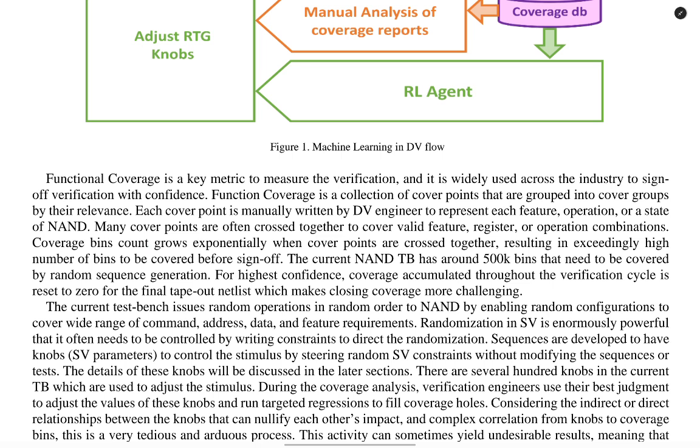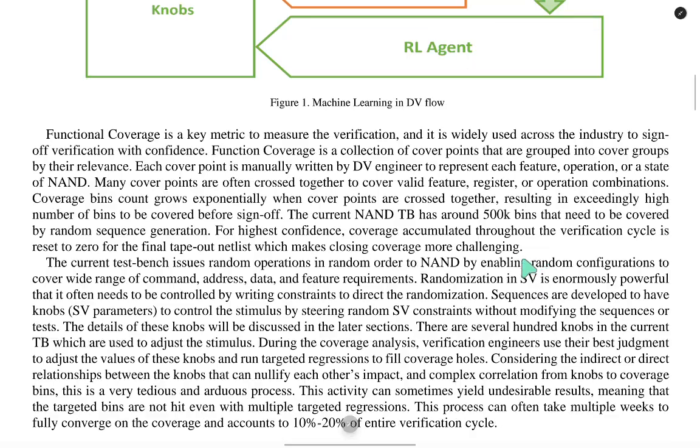Coverage bins count grows exponentially when cover points are crossed together, resulting in an exceedingly high number of bins to be covered before sign-off. The current NAND test bench has around 500 kilo bins that need to be covered by random sequence generation. For highest confidence, coverage accumulated throughout the verification cycle is set to 0 for the final tape-out netlist, which makes closing coverage more challenging.